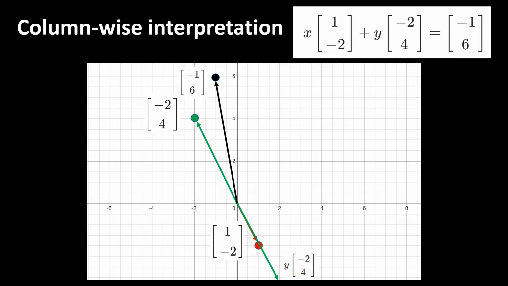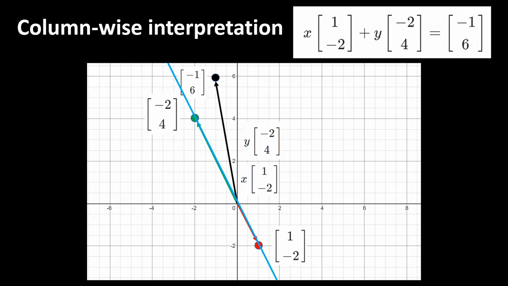Or if you multiply the green vector -2, 4 by a negative number, you get this point here. It does not matter what your multipliers x and y are, you are stuck on this blue line right here, and you are not able to get to this black point here using these two vectors.